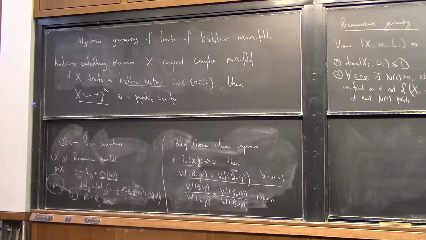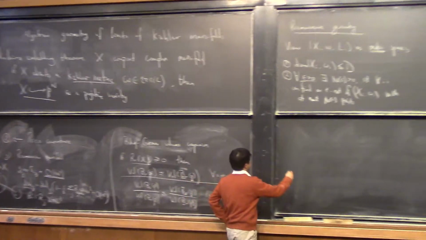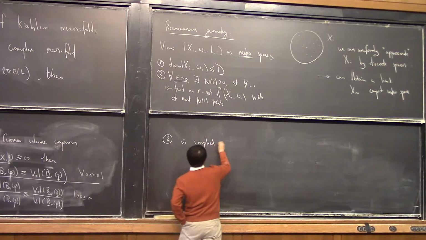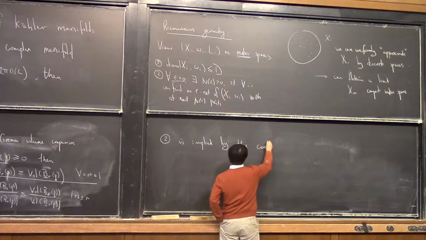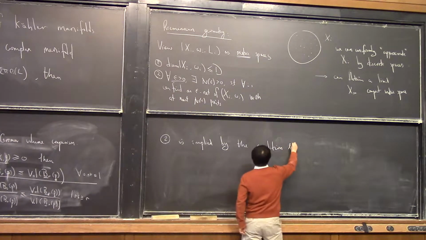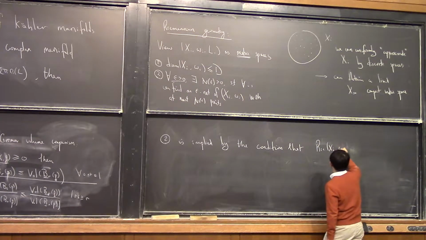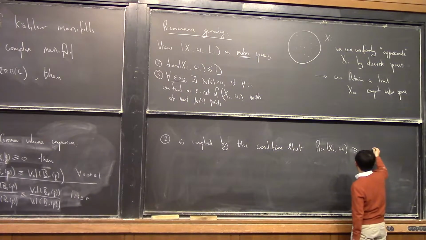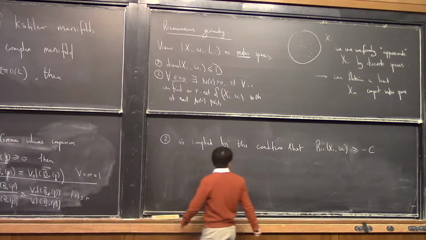the second condition is implied by this lower bound of Ricci curvature. So 2 is implied by the condition that the Ricci curvature of Xi, omega i is bounded below by minus c for a fixed positive constant c.